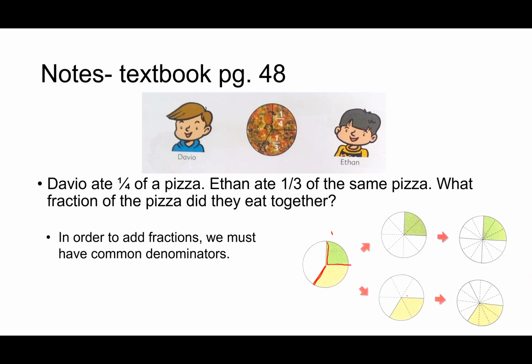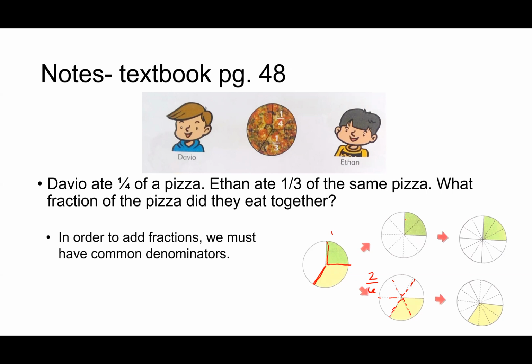Let's take our third down here. If I split each one of these thirds into halves, how many parts of my pizza do I have now? No, total. What's my pizza divided up into? Mendel? Yeah, it's divided up into 6, and that means that Davio ate 2/6, right?